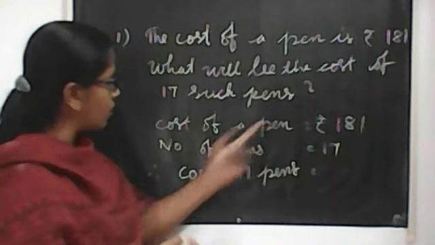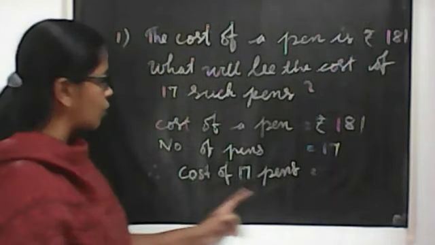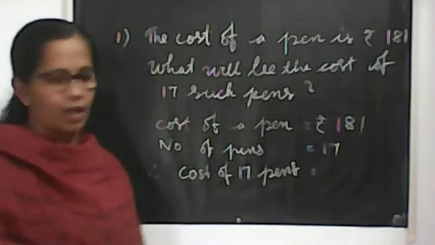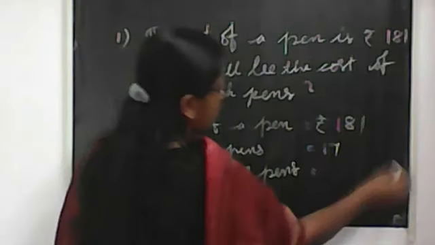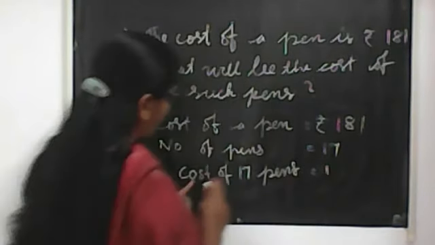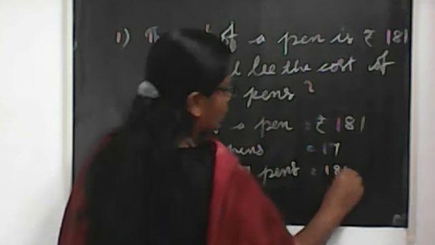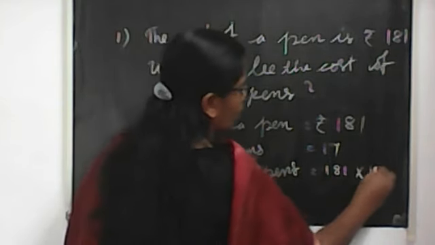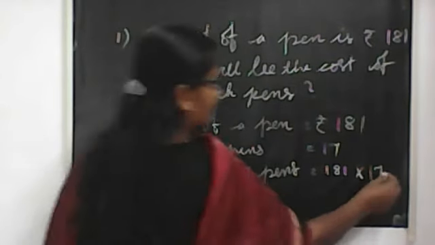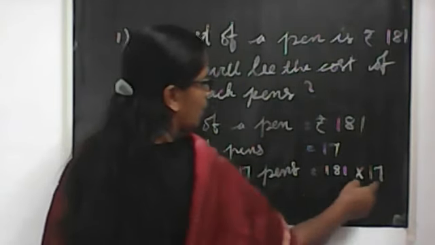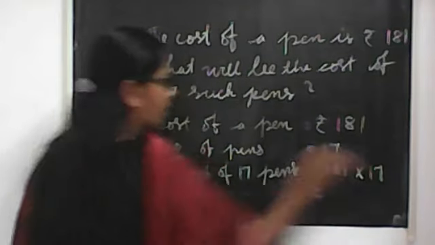You can write the first, cost of a pen, then cost of 17 pens. That's also enough. So how will you find out? Here itself you have to write how to find the cost of 17 pens: cost of one pen into number of pens. 181 into 17, that is what we are going to find out.